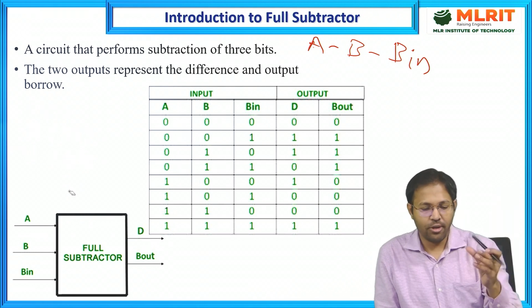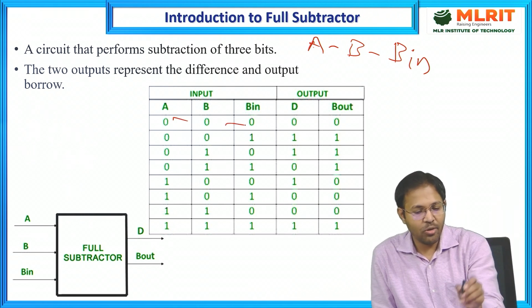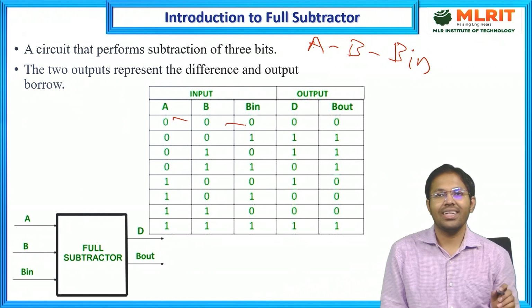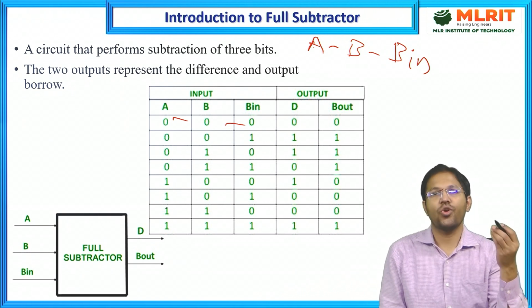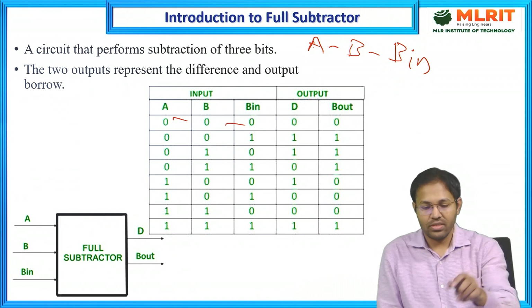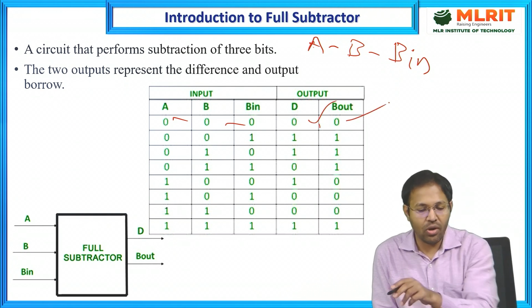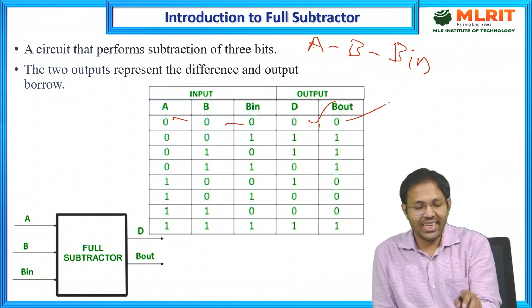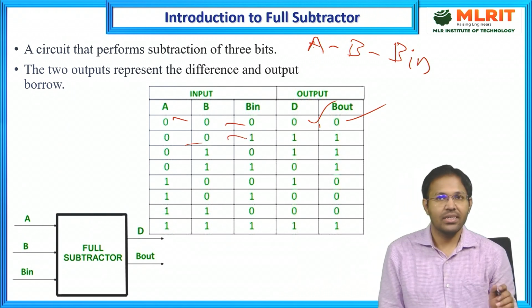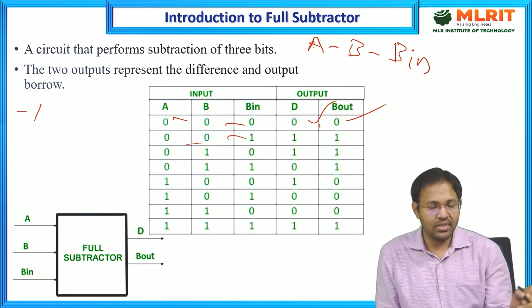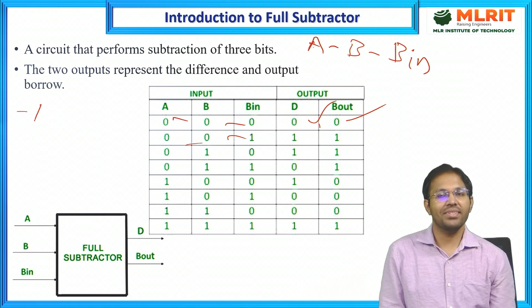First of all, 0 minus 0 minus 0 is straightforward, there is no difference, difference is 0, also there is no borrow out. So, both difference and borrow out are 0. Next case, 0 minus 0 minus 1 is actually minus 1. But how can we represent minus 1?